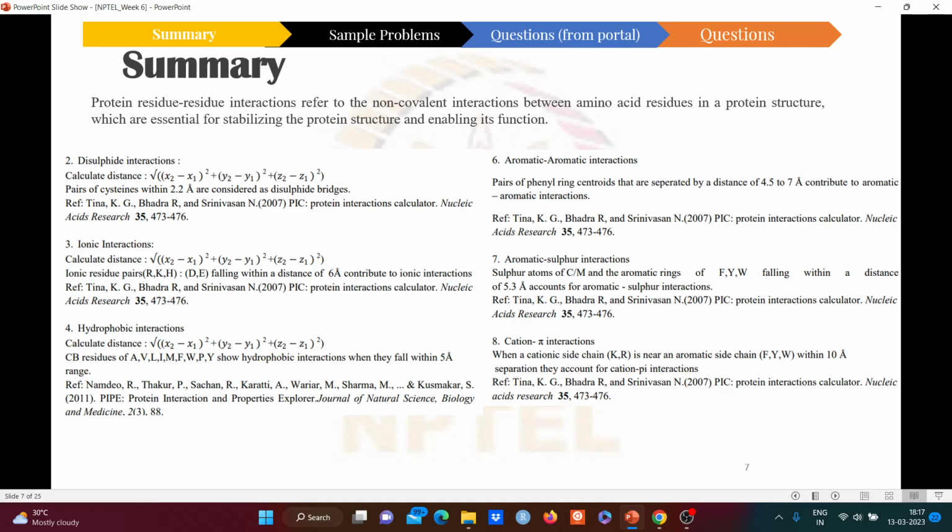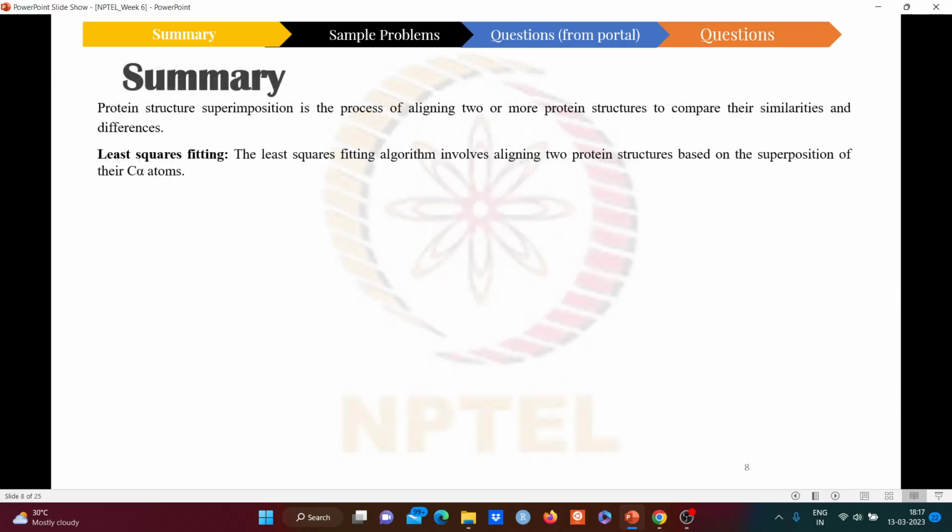Then, in the last part of the session, we will be discussing protein stability. Okay, if no questions, let me move forward. Next, we are discussing structure superimposition.